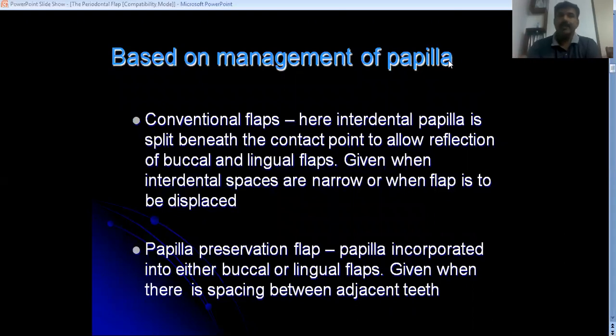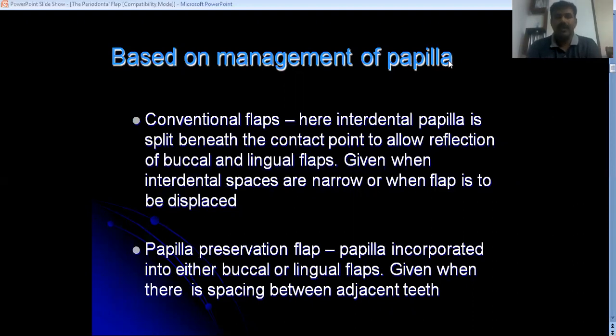But in certain conditions, especially where there is spacing between the teeth, in the anterior aesthetic zone, where you want the interdental area to be fully covered, you can design the flap in such a way that you can incorporate the entire papilla either on the buccal flap or on the palatal.